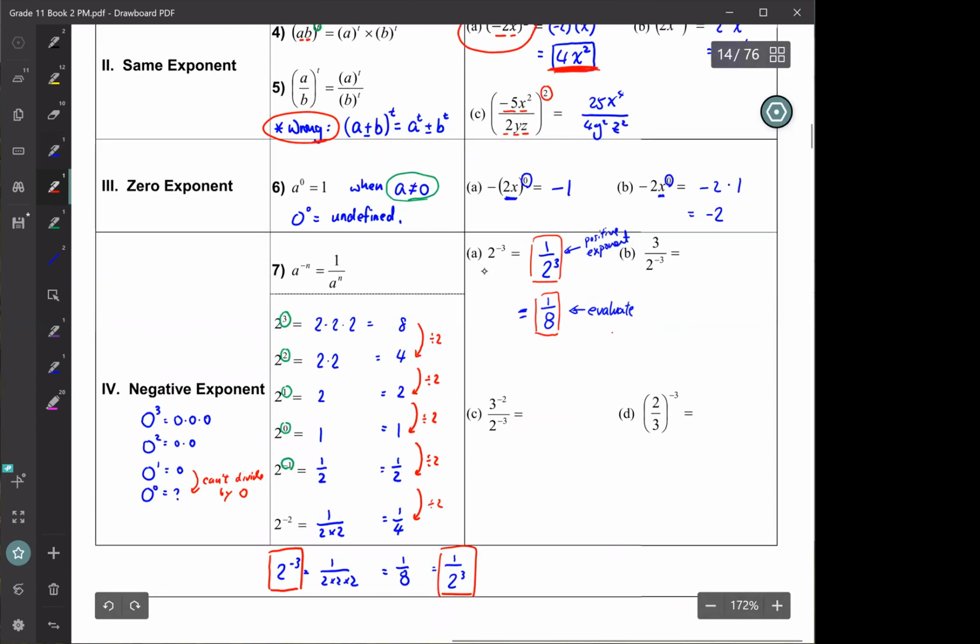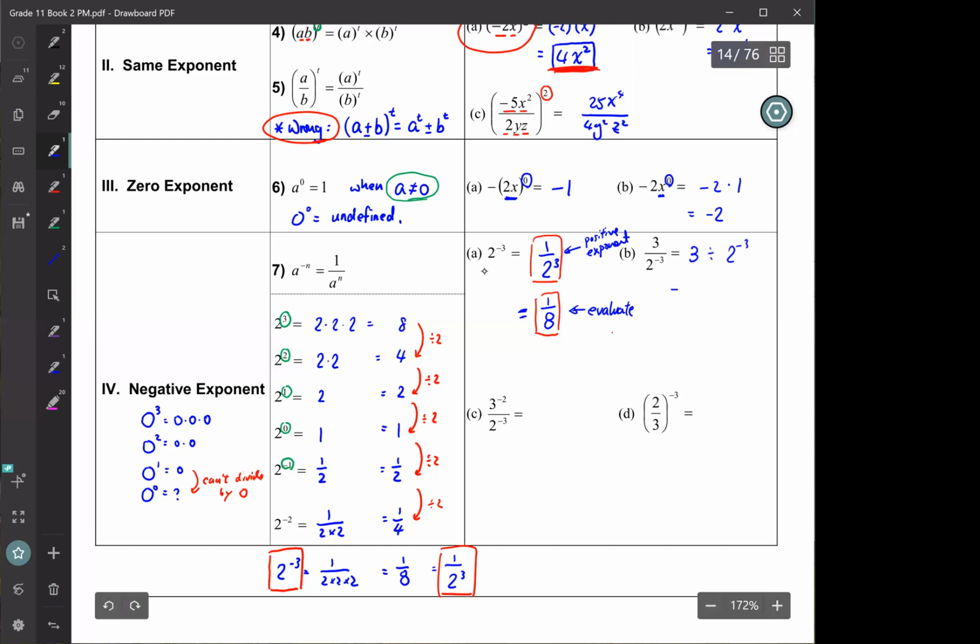Now for question B. Compare A and B. For question A, the negative exponent makes it go to the denominator. For question B, because it's already in the denominator, it will actually go up to the numerator. So I will write it slowly. 3 over means 3 divided by 2 to the negative 3.